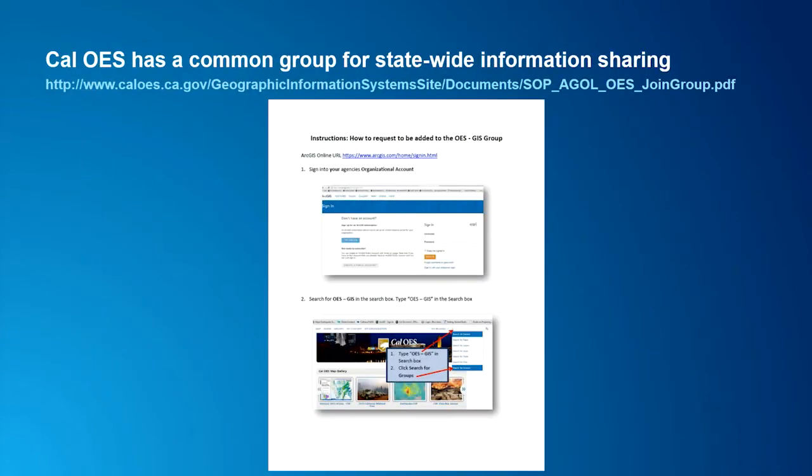A great leader here is Cal OES, and I like how they've really been encouraging membership across the state of California between the counties and municipalities to all share information in a common set of groups. So I think this is a great example to think about in terms of one organization taking the lead and being the parent group to share information, and then have many organizations or municipalities within the area share information.